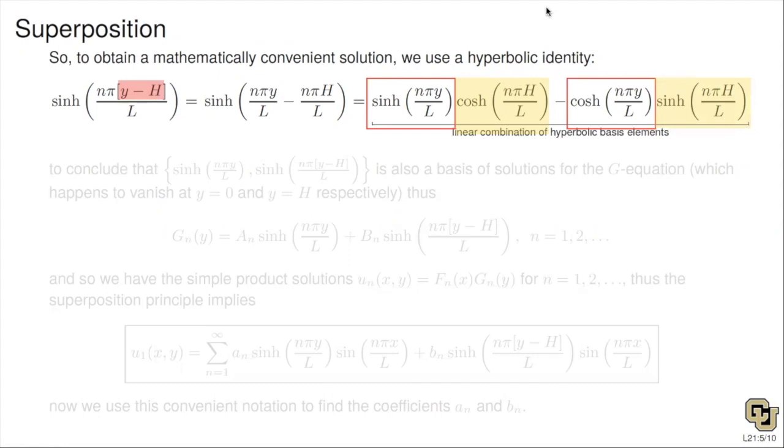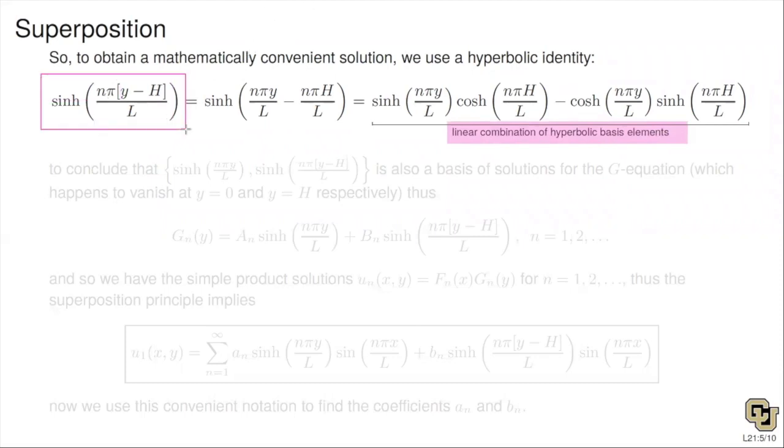So what we have is a linear combination of the basis elements. So this, again, is in the space of functions. And we can show that sinh n pi y minus h and sinh of n pi y are both linearly independent and they both span the same space.